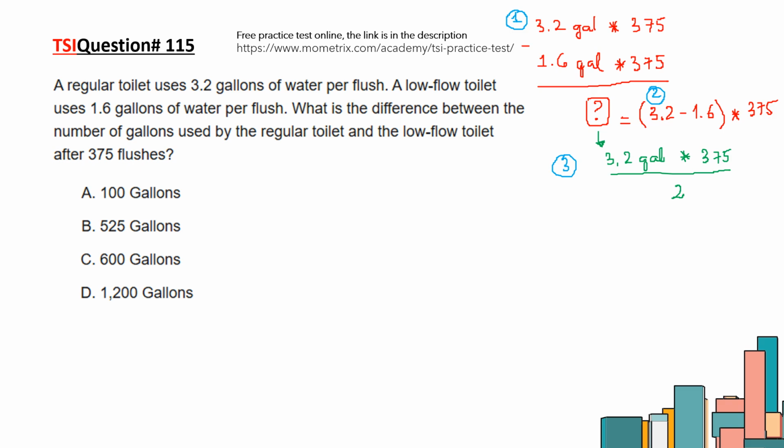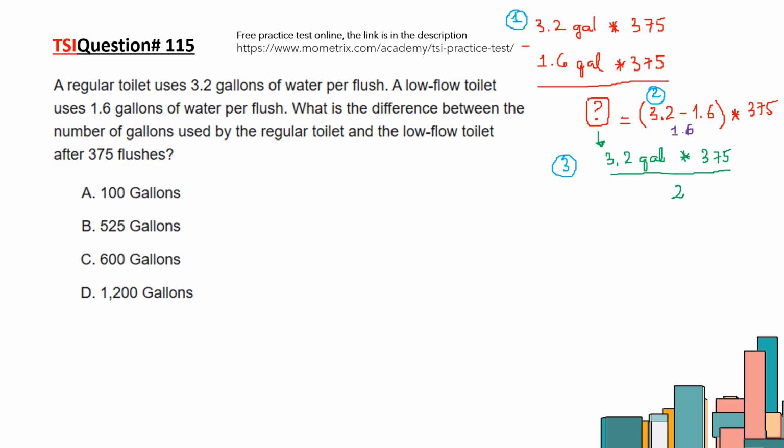So basically it's about the calculation of 3.2 minus 1.6, that is 1.6. And also 3.2 divided by 2 is 1.6 as well.